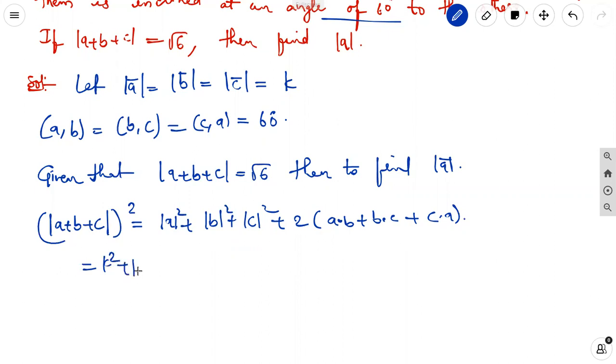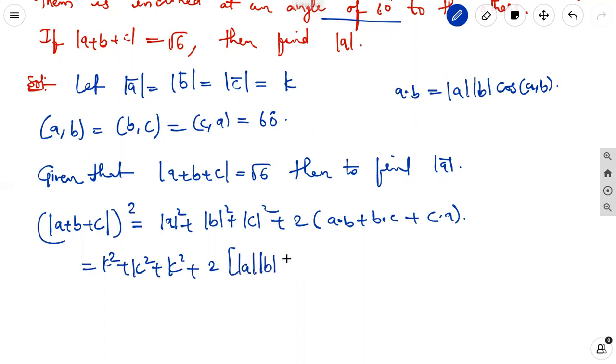So it is k square plus k square plus k square plus 2 into this a dot b. We know that a dot b is nothing but modulus of a into modulus of b cos of (a, b). Here, for the a vector and b vector, cos theta, that is cos of (a, b), is 60 degrees.